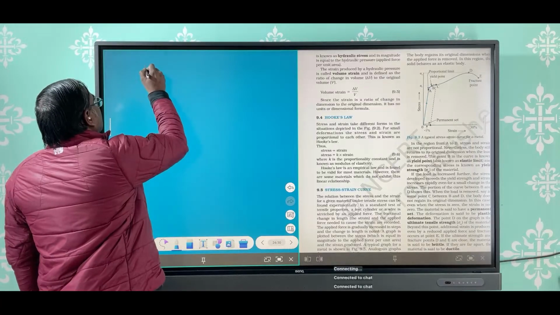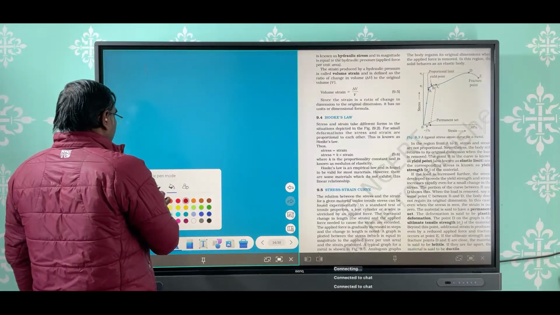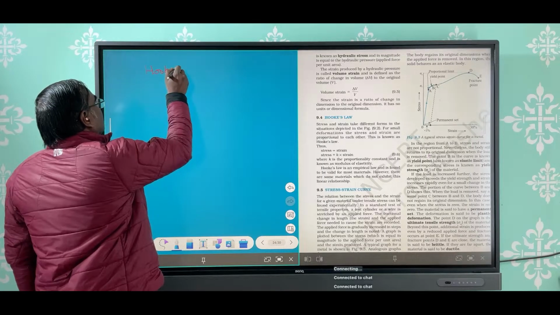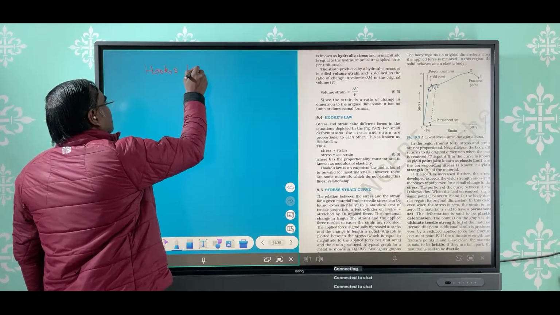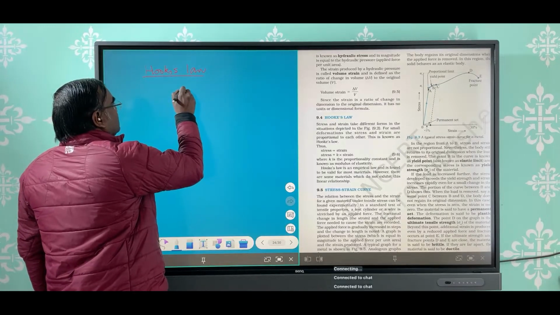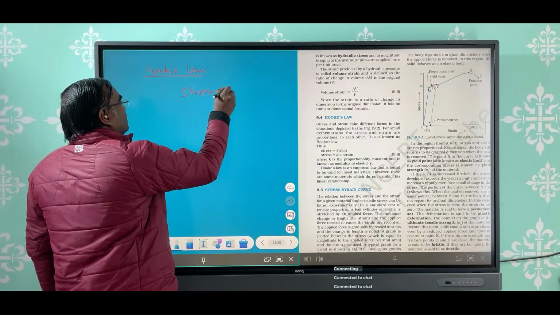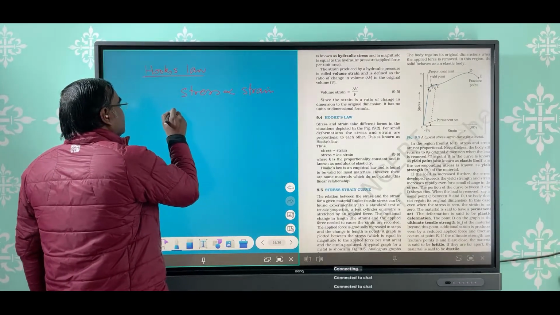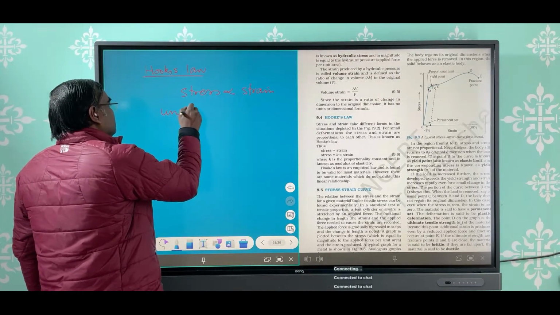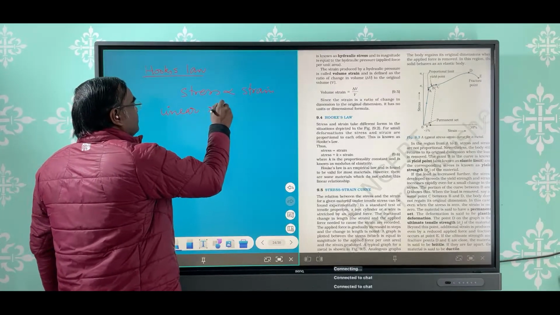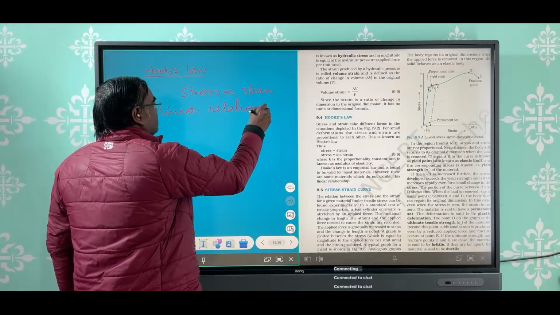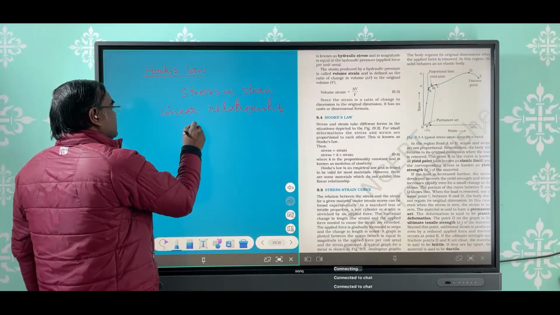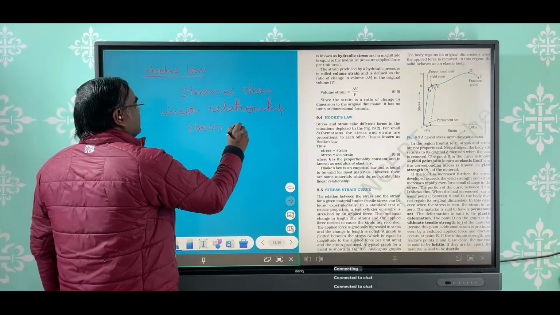So Hooke's law: stress is directly proportional to strain, and we get the linear relationship between stress and strain.